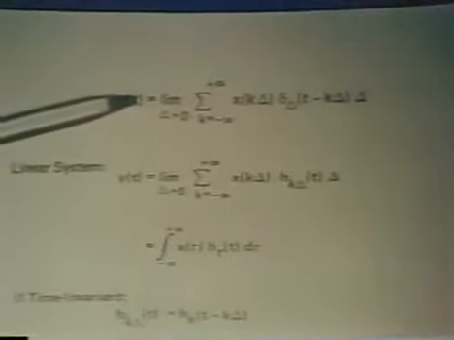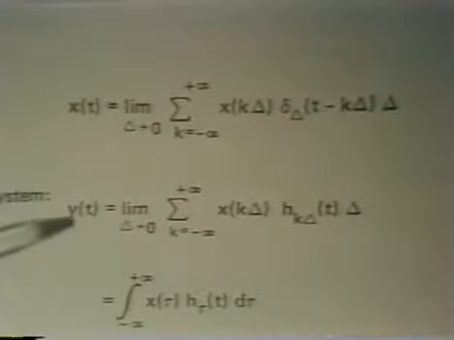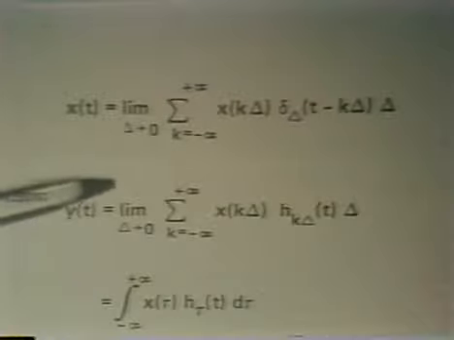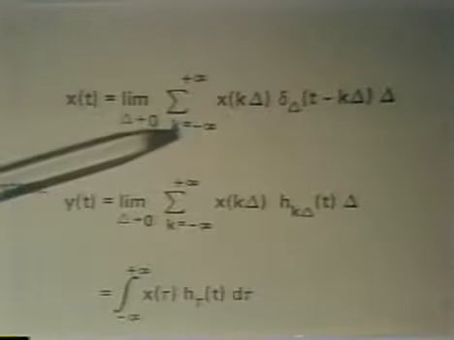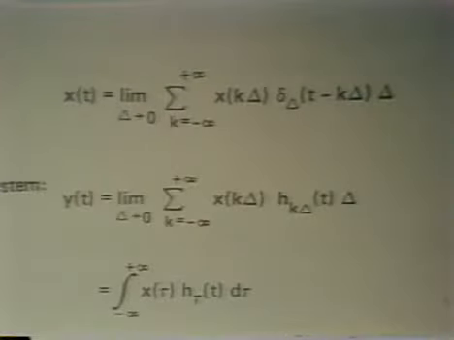So by describing a time function as a linear combination of weighted delayed impulses, as we've done through this summation that corresponds to a decomposition in terms of impulses, we can now exploit linearity, specifically recognizing that the output of a linear system is the sum of the responses to these individual inputs.